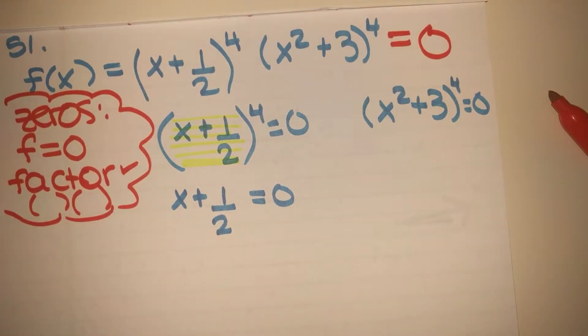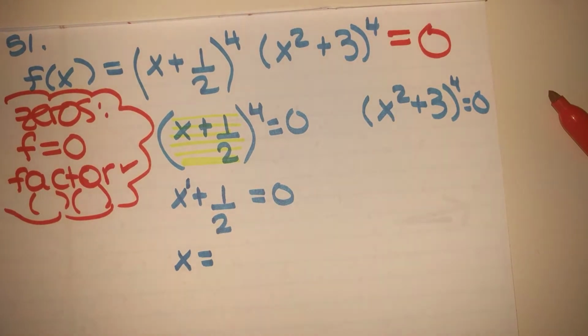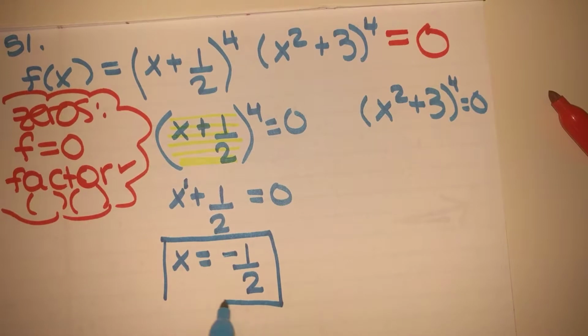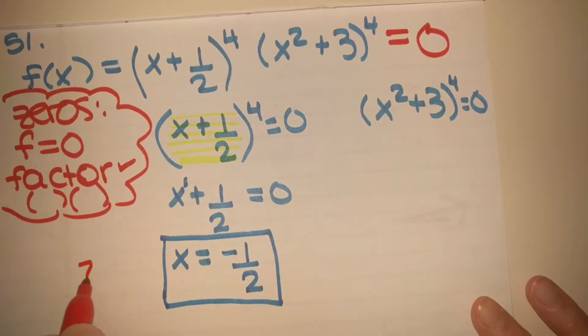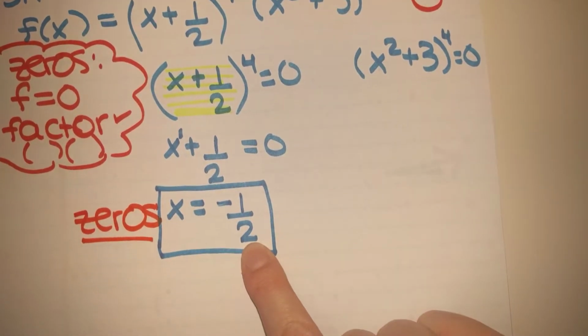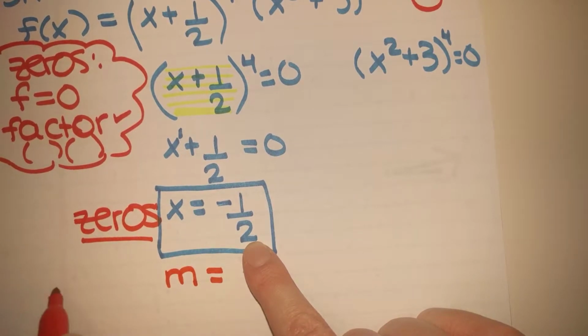And to solve that, we would just subtract the 1/2. Again, because it's a linear equation, we would start by subtracting the 1/2, and that would isolate our x for us. So that tells us that one of the zeros of this polynomial is negative 1/2. Now, our m, our multiplicity that we're trying to find here, remember that is the degree of the factor.